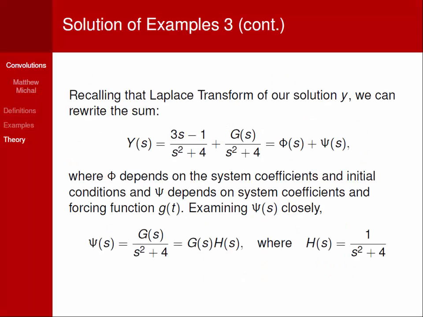So this first term, this first fraction, is totally dependent on the system. Whereas my second fraction, which I'll call psi of s, big capital psi of s, is going to depend on my forcing term.